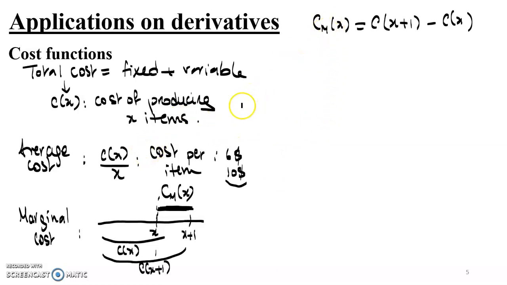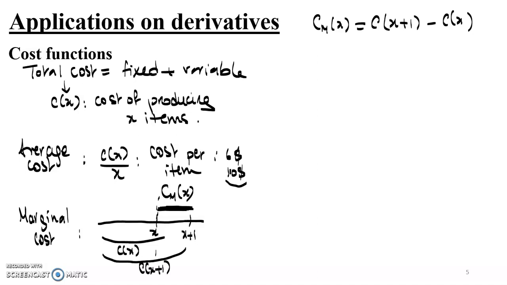However, if producing that extra item did cost, for example, $12, then in that case, $12 is larger than my selling price. So I know that if I proceeded with the production, I would start losing money. So my profit would become negative. So in that case, I would stop the production.